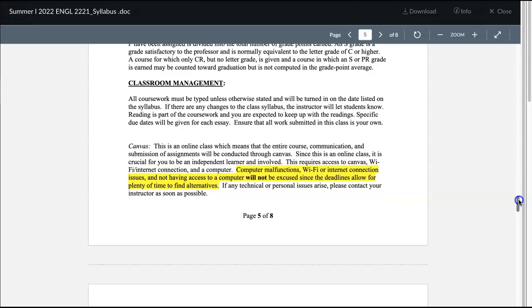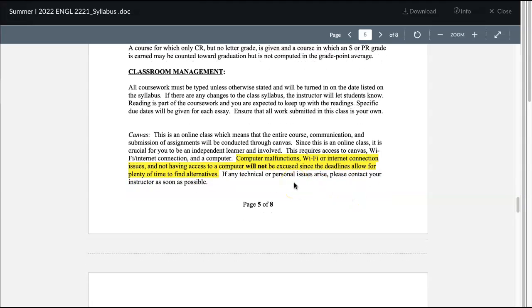Also, you want to make sure that you have reliable access to a computer and to Wi-Fi. I do give you that extra day for most assignments just in case anything happens, but please keep in mind that not having internet connection or losing internet connection or computer malfunctions are not considered valid excuses, right?